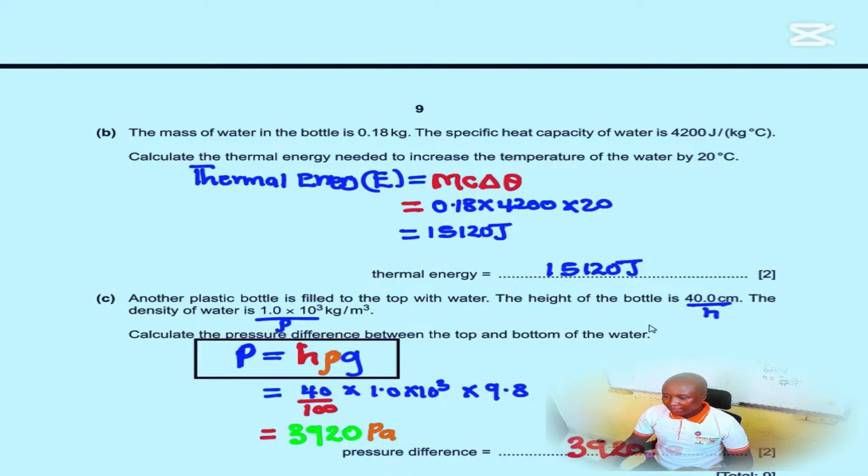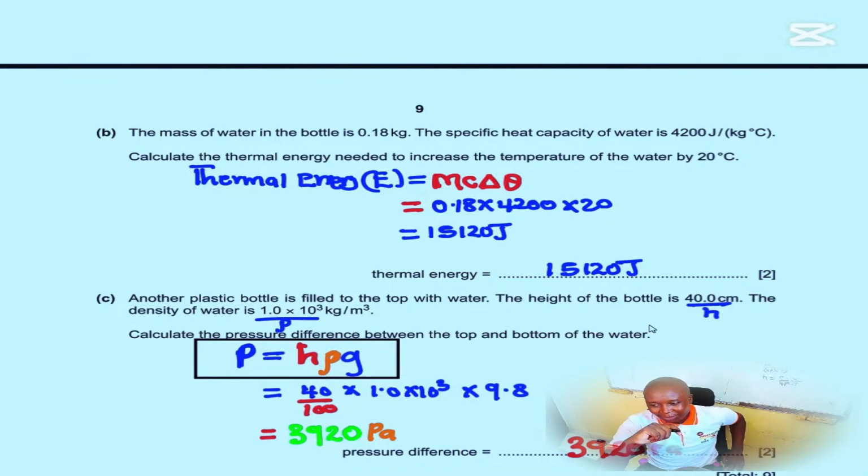The mass of water in the bottle is 0.18 kg. The specific heat capacity of water is given. Now you can see they are bringing the concept of thermophysics inside this. Under thermophysics, we learn how to calculate thermal energy. Thermal energy equals mass times specific heat capacity times temperature change.